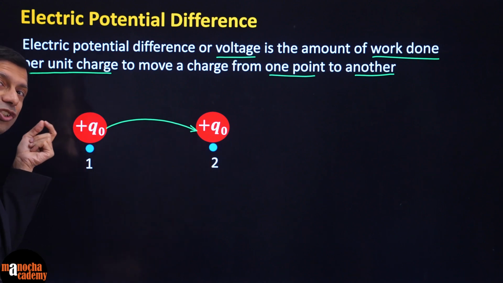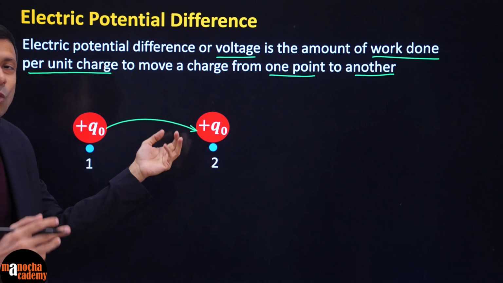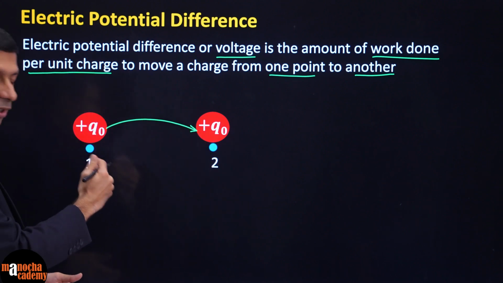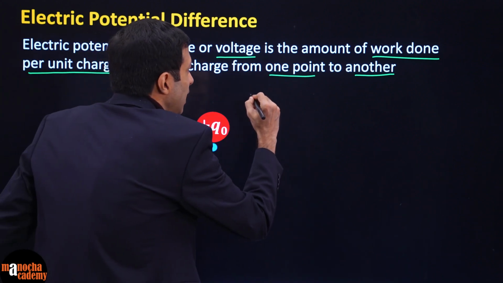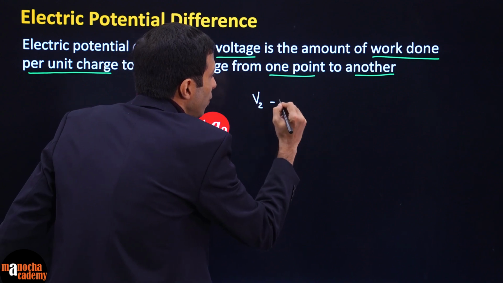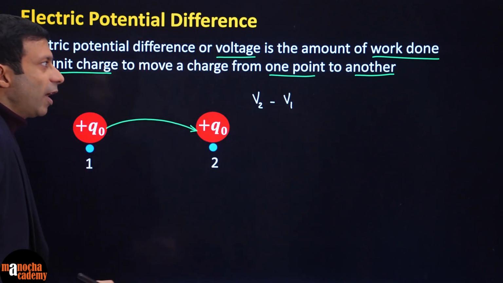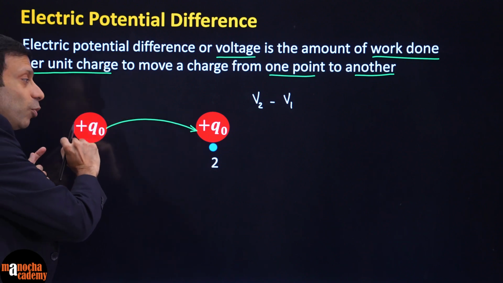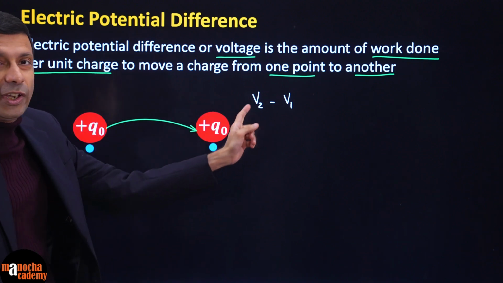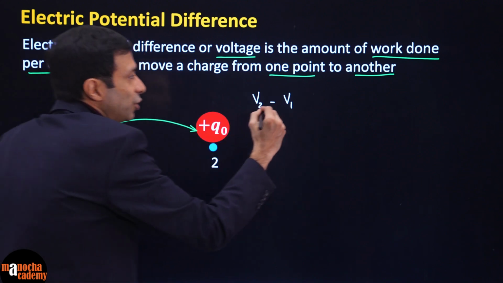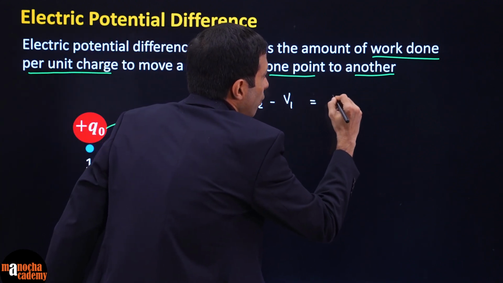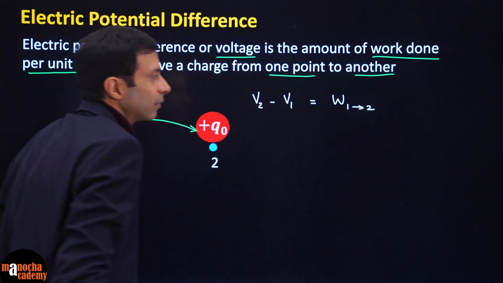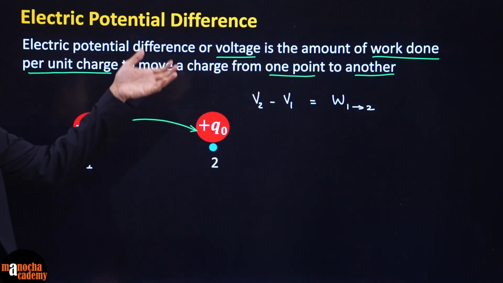Note here, the potential difference between 1 and 2 is the potential at 2 minus 1, so we can say the electric potential difference is V2 minus V1. Why am I doing V2 minus V1? Because final minus initial. The test charge is moving from 1 to 2. Look at the definition: it is the work done by the external agent in moving the charge from 1 to 2, per unit charge.